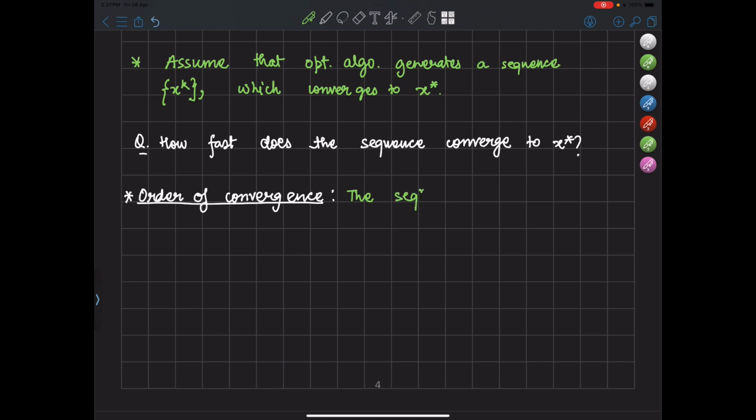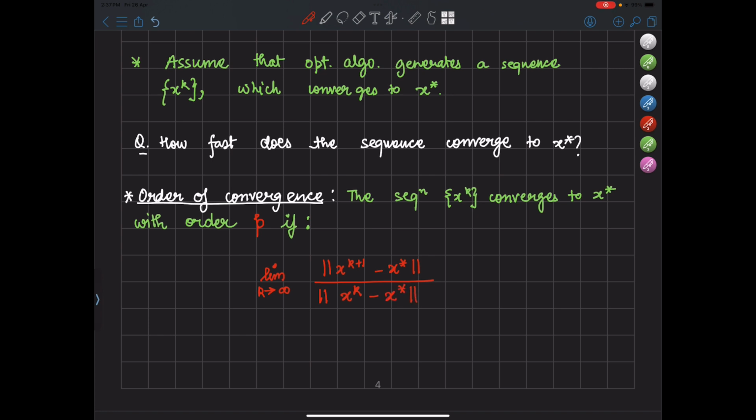The sequence xk converges to x star with order p if the limit as k tends to infinity, that is iteration tending to infinity, of the norm of xk plus 1 minus x star, divided by the norm of xk minus x star to the power p, is equal to beta, where beta is some finite constant.